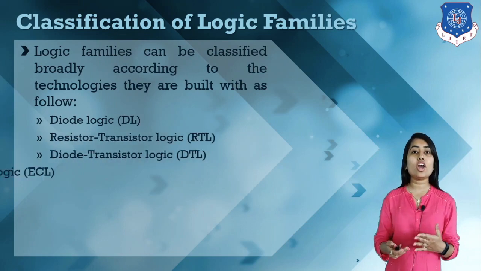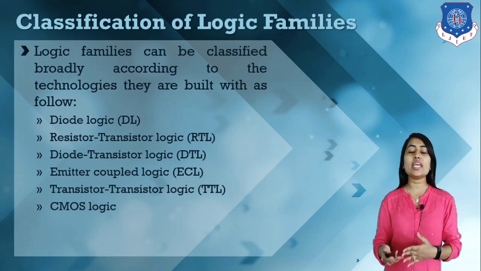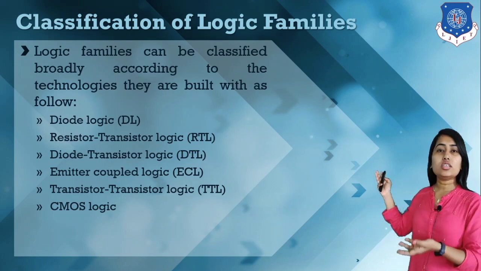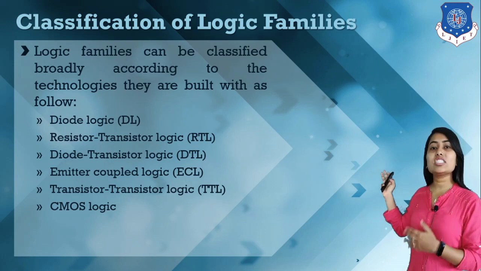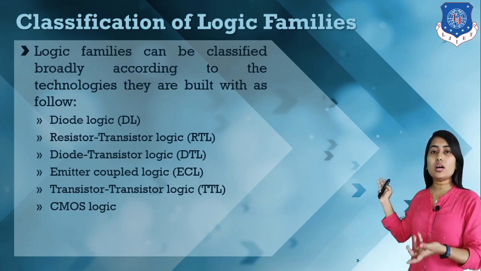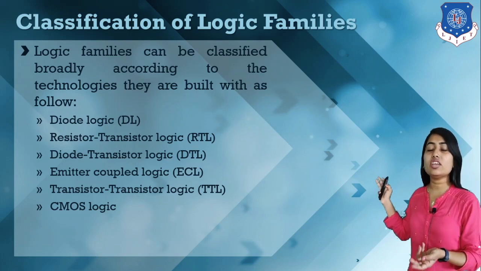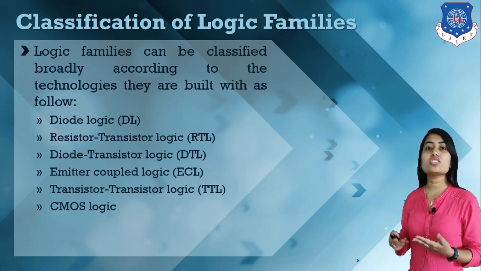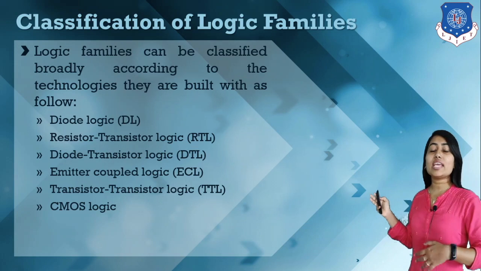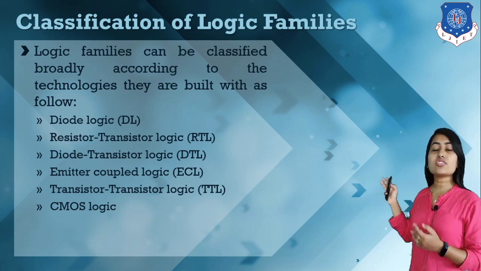Here we have the classification of logic families. Depending on the component used, we have these types. We have diode logic, that is DL, which means using only diodes we can make an integrated circuit to perform various operations. Then we have DTL, diode transistor logic. Then TTL, transistor-transistor logic.